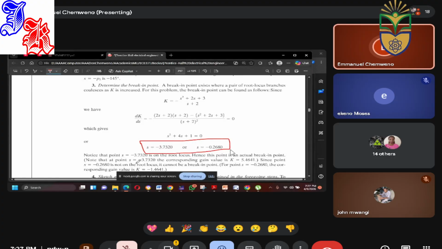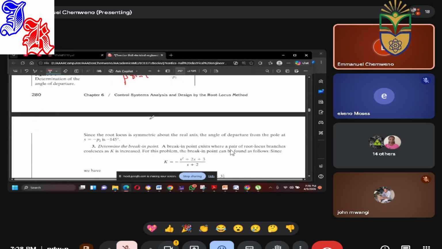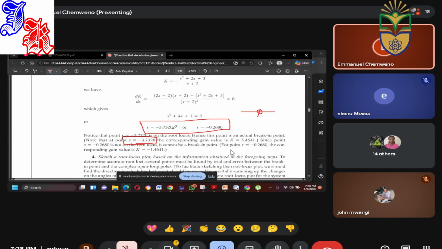The actual breaking point is s equal to this. Oh yeah, this 0.2, we have negative 2. The point 0.2 is somewhere here, and it is not part of the locus. So the breaking point is negative 3.7. So that you get dK over ds, you get 3.7.